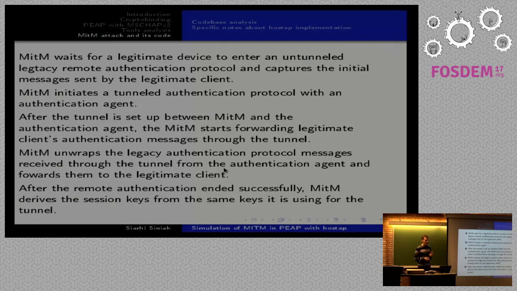And the second point, you need to get the client to connect to you. If he is talking to a legitimate server, we can send a deauthentication packet to break the session and ask the client to reconnect. Also, a very useful technique is to come closer to the victim.